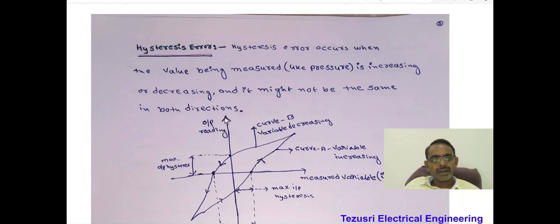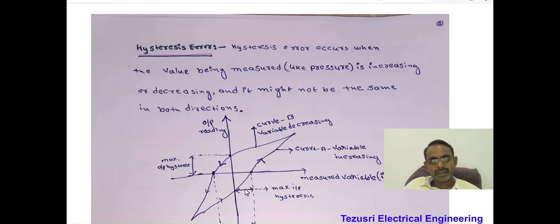If the instrument measuring pressure reads only positive values, the input of the meter is increased, but there is no output.